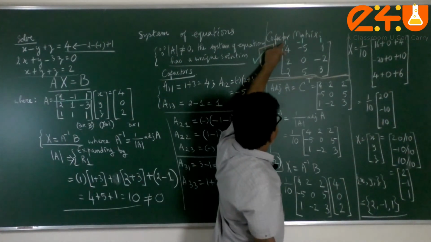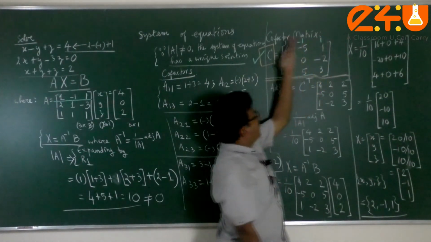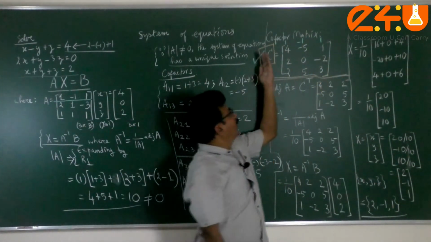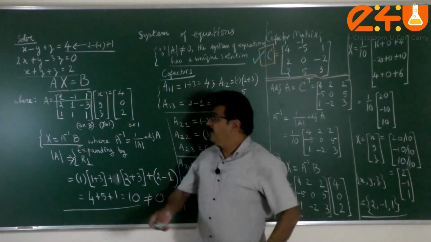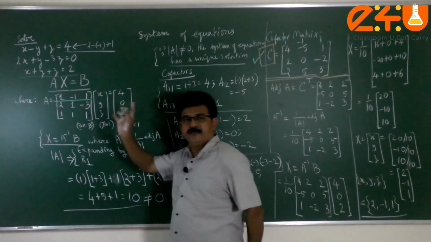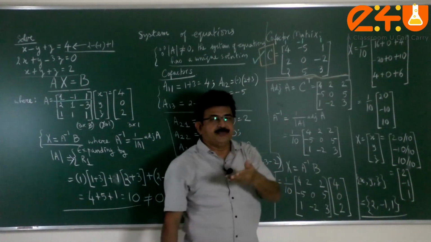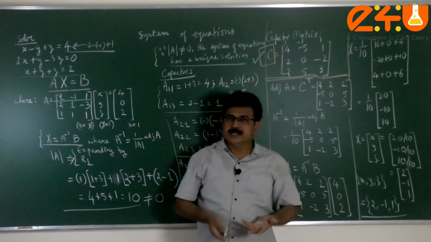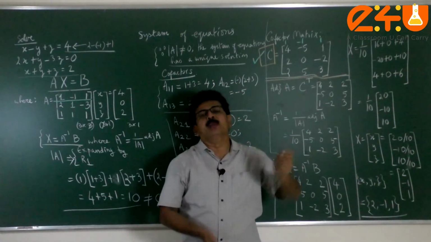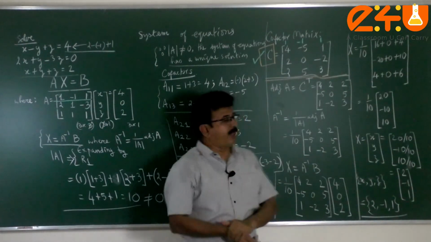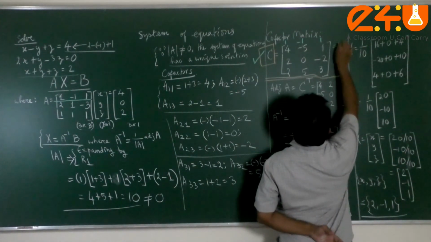Evaluate the product and cumulatively add. That is, in effect, what we have done: we are taking elements of row 1 here also, which means we are evaluating the determinant value of A, expanding by row 1. We find, yes, the sum is 10.